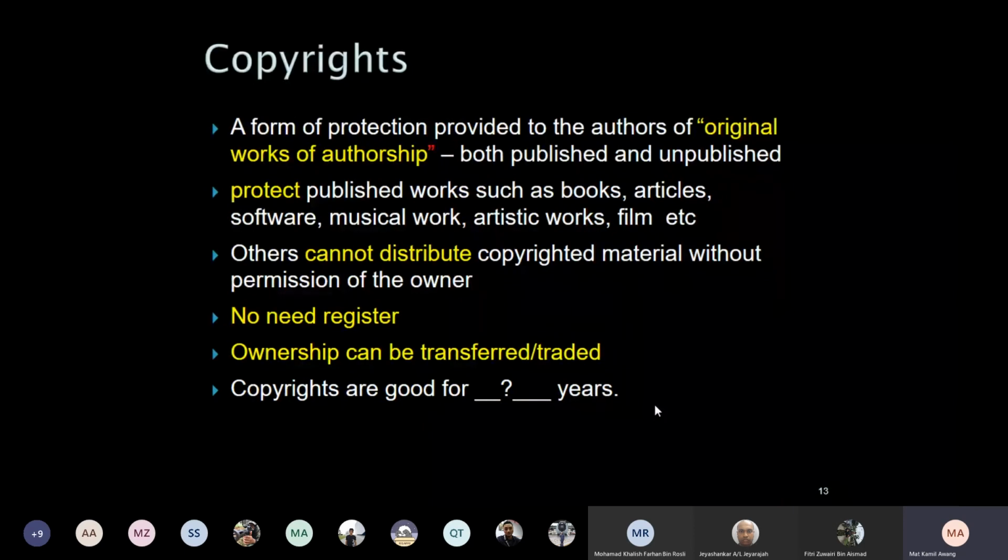Then you put it in the envelope and you address that letter, that package, to yourself. So you send it through registered letter so that you have a record of who is the sender, who is the receiver.